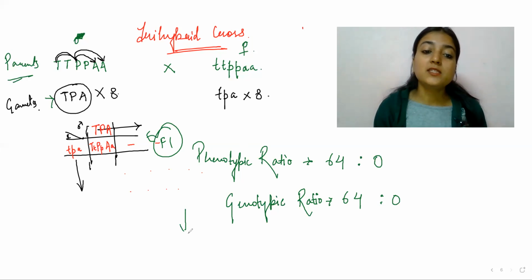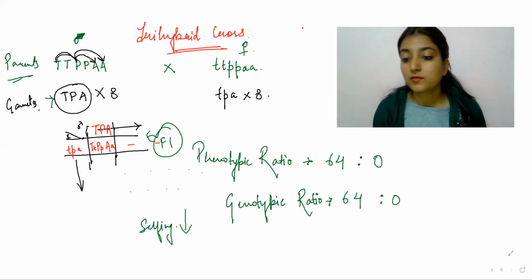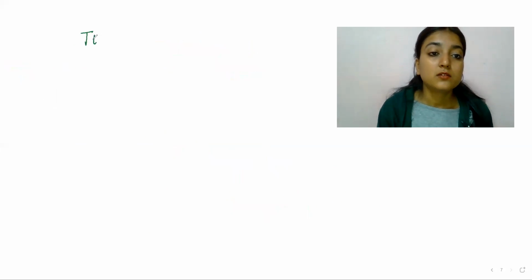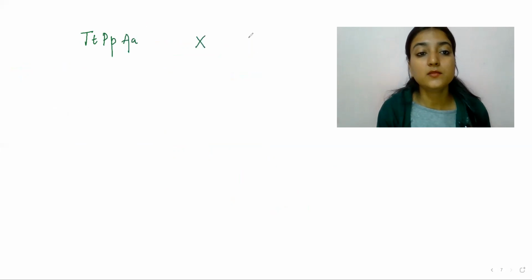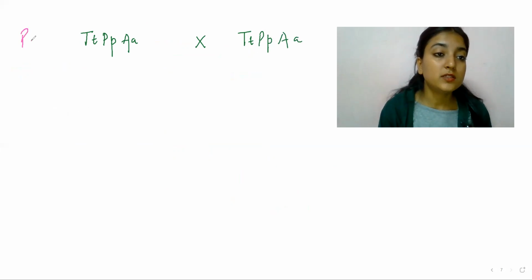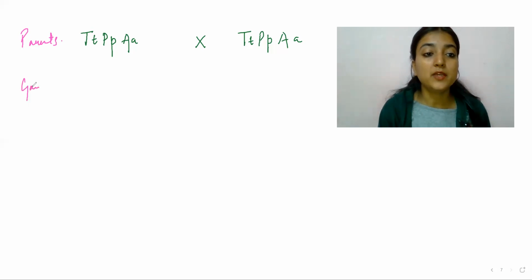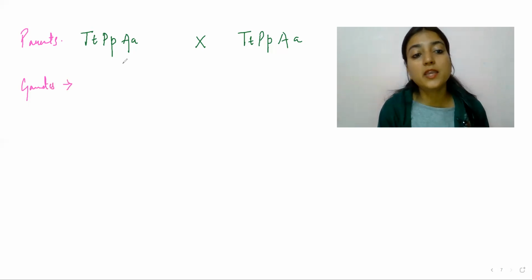Now the second step is selfing. I will tell you. Now the selfing thing. Okay, so here these are the parents, and we have to write the gametes. So here again the gametes will be 8 in number.